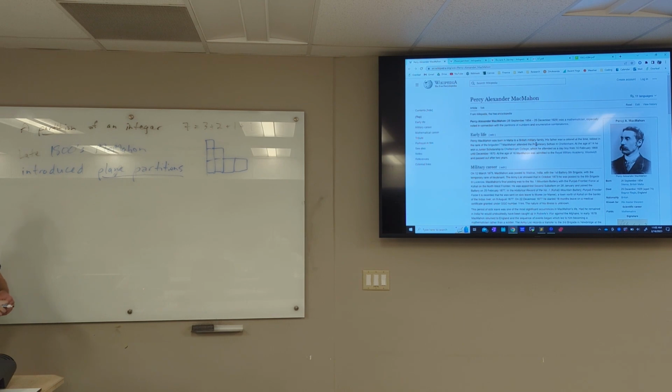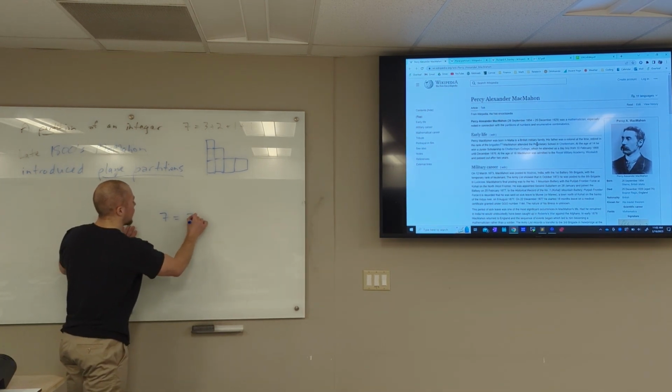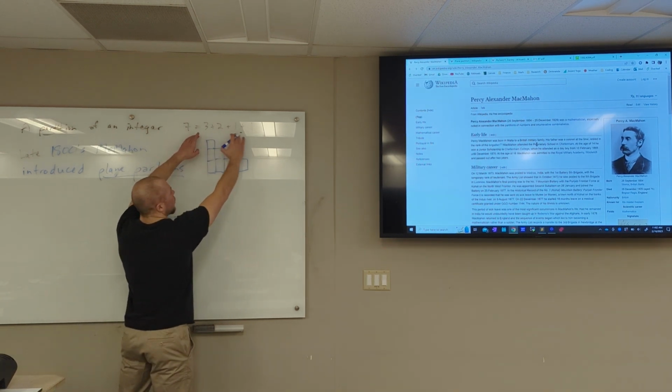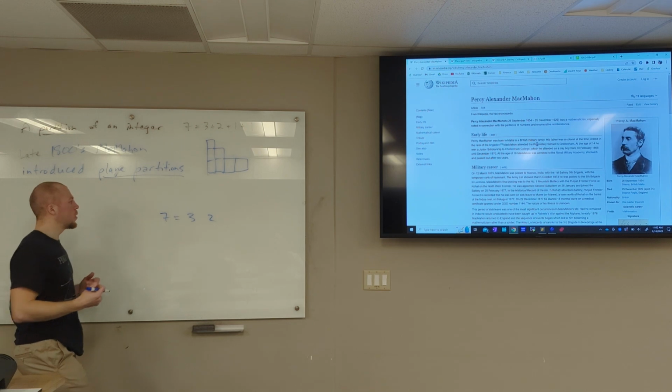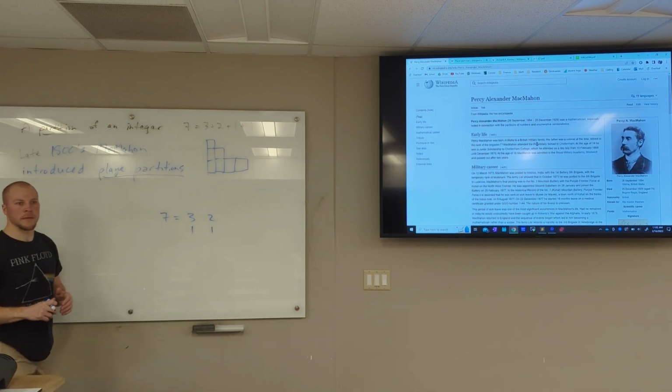And as the name suggests, it's sort of like a partition. But now, instead of using just a linear array of numbers, like a sum, we can use a planar array. So I could do something like this.